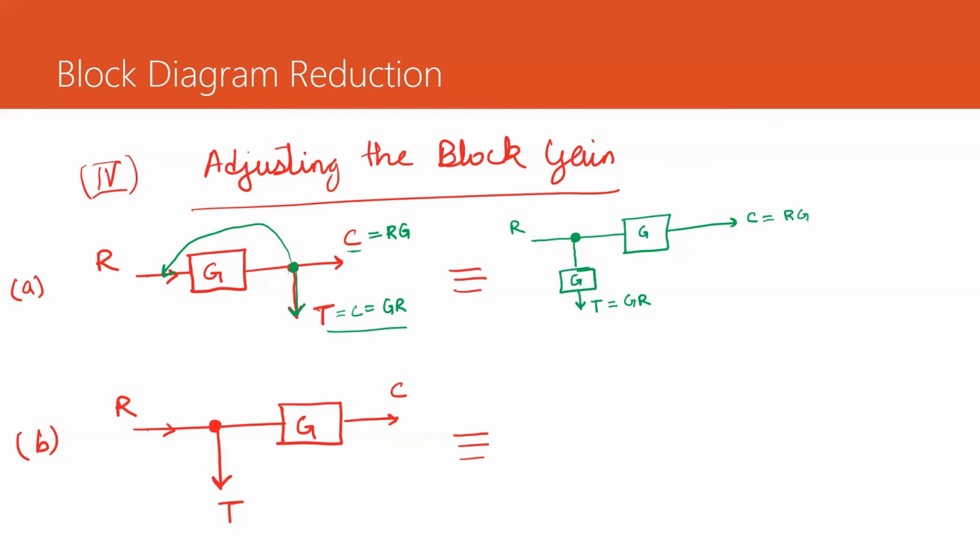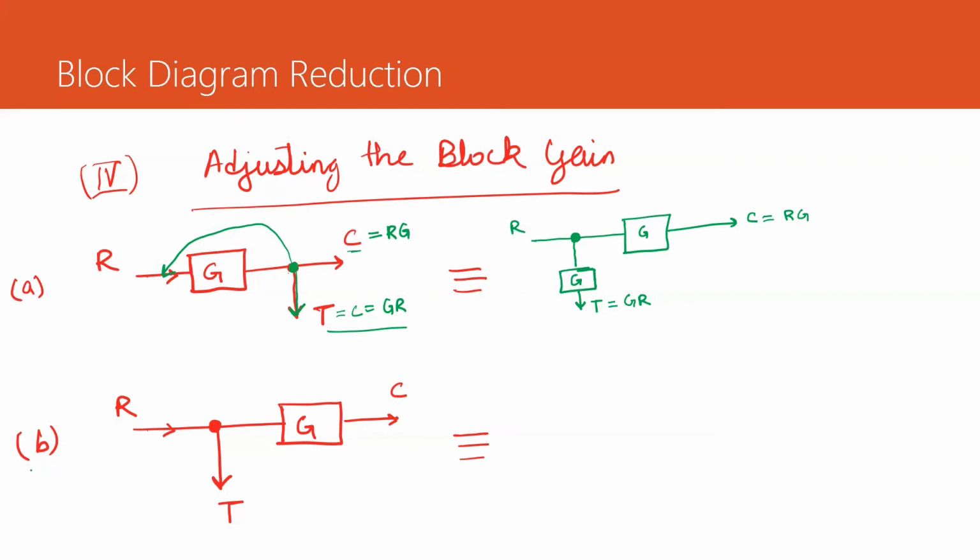Now you have to keep this in mind. This rule is very frequently used to reduce a block diagram. So when we move a takeaway point to before a block, we have to add the similar gain block in this particular takeaway point.